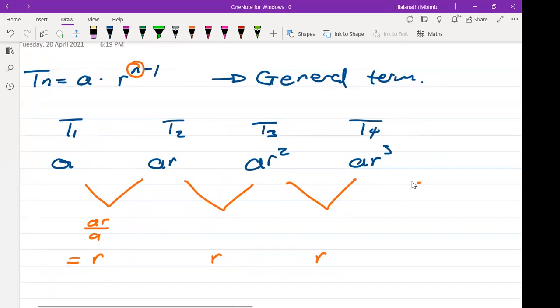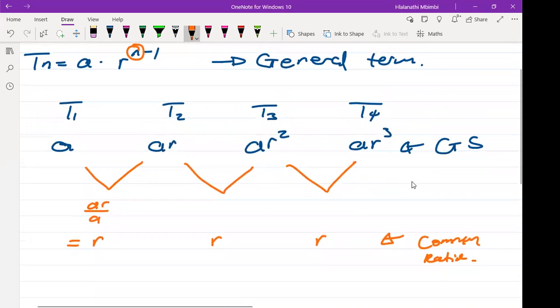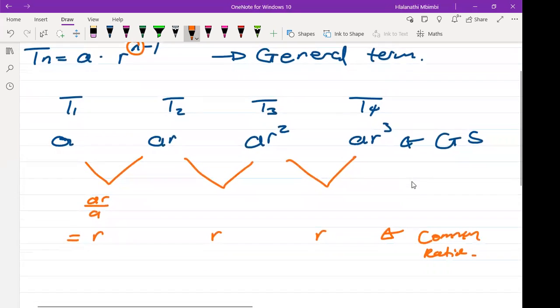So this is our geometric sequence, and that's the common ratio. It's referred to as a common ratio. Yes, common ratio, general term.